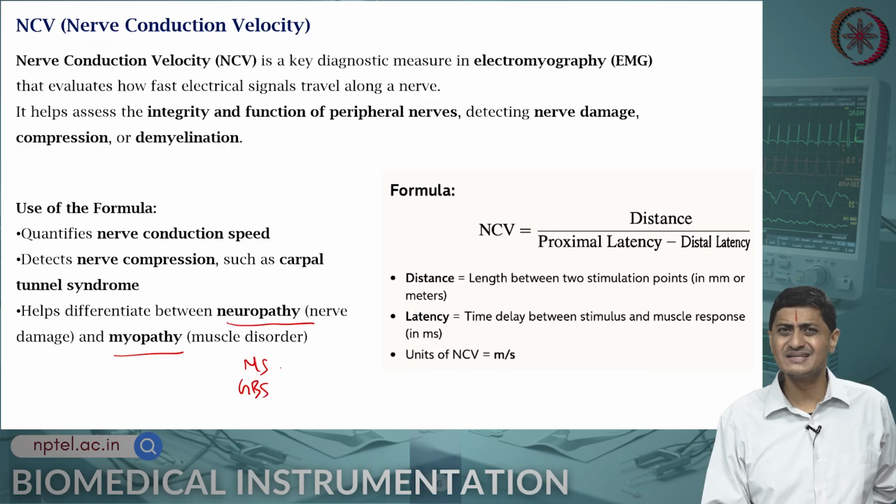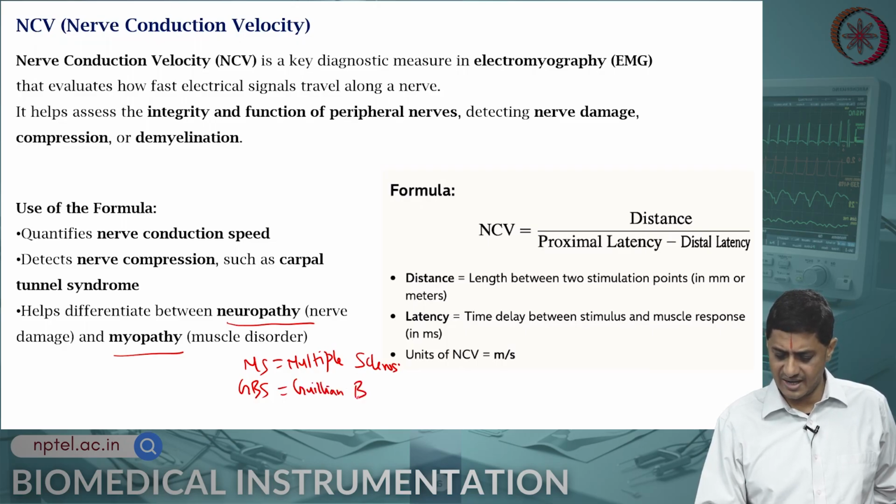What is MS? Multiple sclerosis. GBS is Guillain-Barré syndrome.